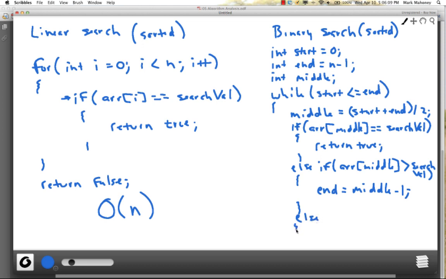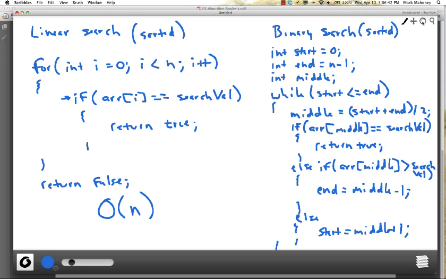And if that's not true, then what we're looking for is going to be in the second half of the list, and we can move the start. So we'll just say middle plus 1. So that's our binary search algorithm.